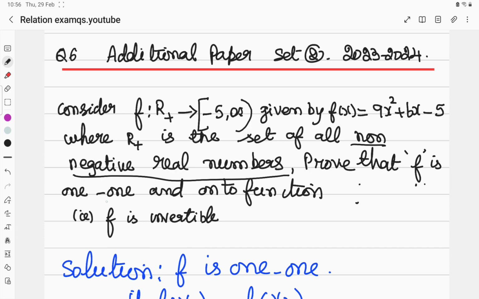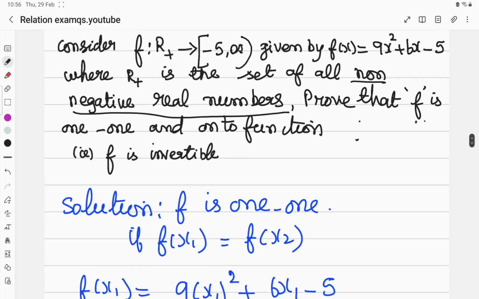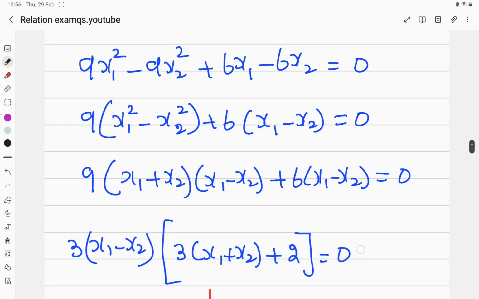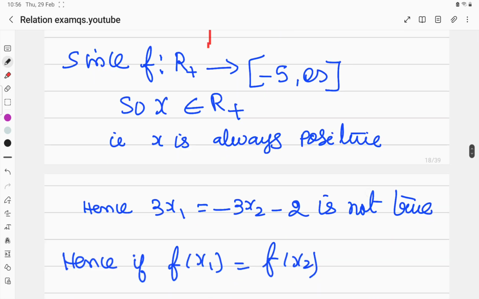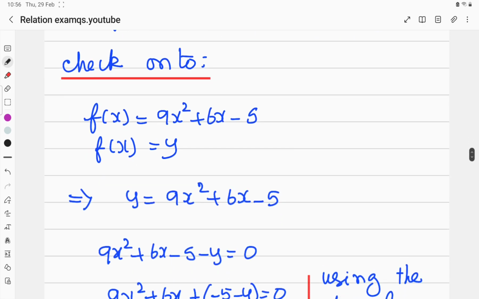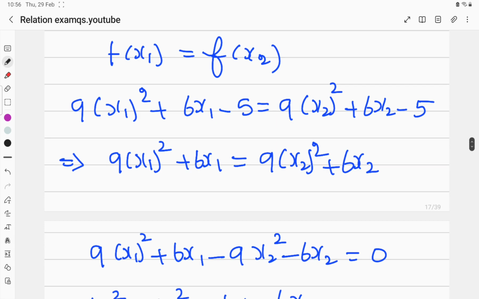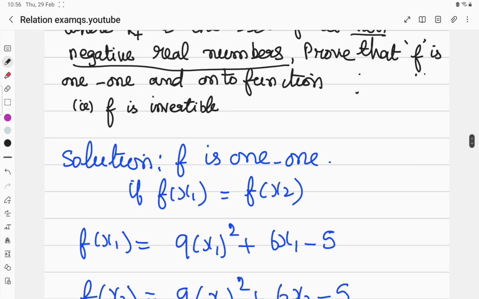Prove that f is one-one and onto function, that is, f is invertible. Invertible means f is one-one and f is onto.